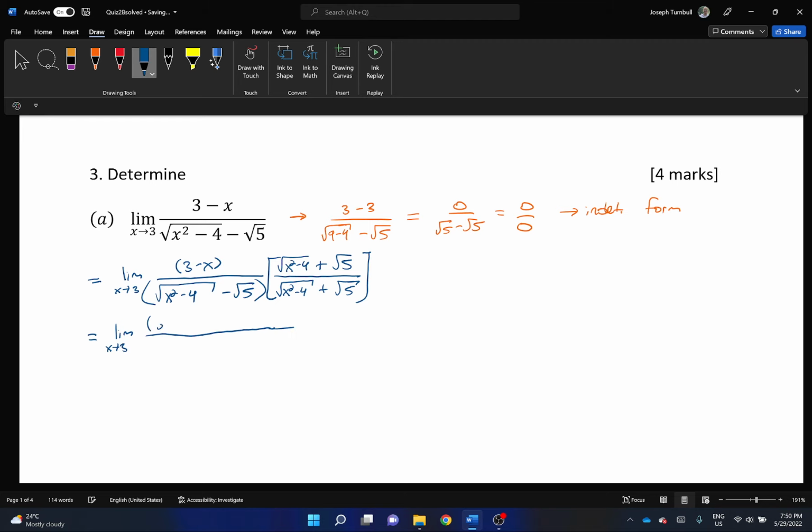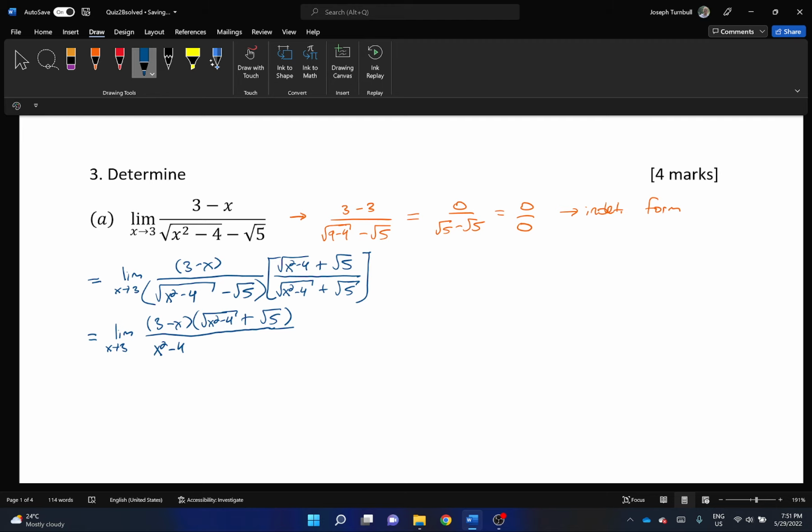Okay, so I have a 3 minus x. I have a square root x squared minus 4 plus square root of 5. On the bottom, we have root of x squared minus 4 times root of x squared minus 4. That's just going to be x squared minus 4. Then we have the two cross terms that will cancel.